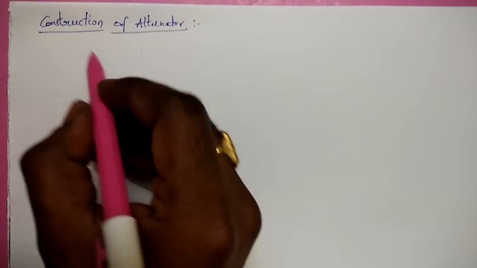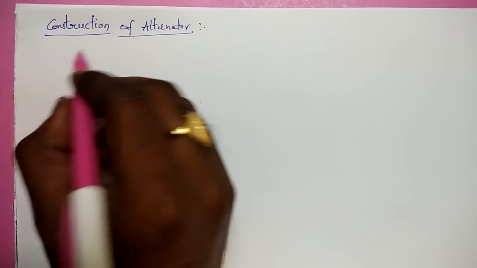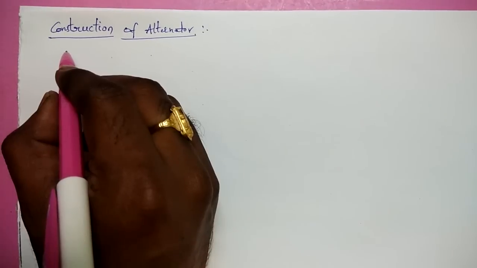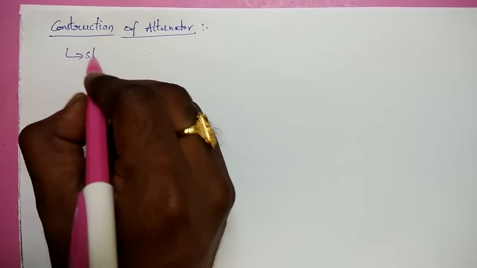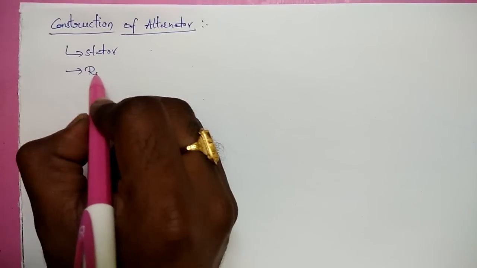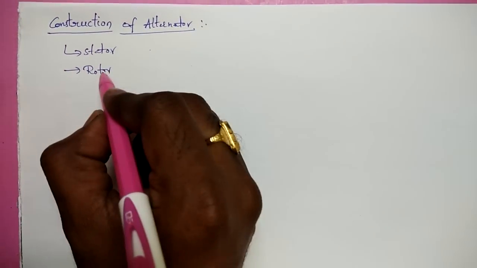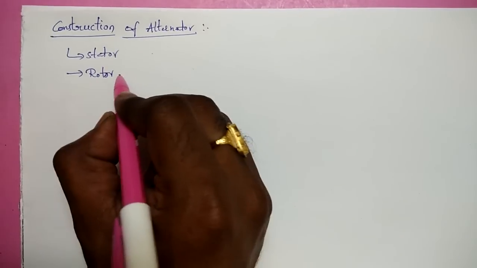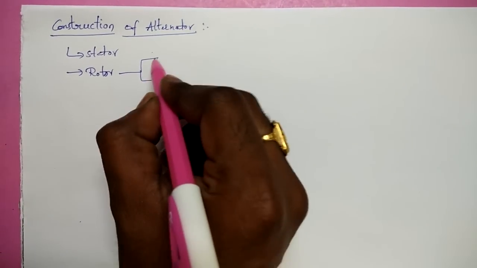Hi friends, today we will discuss the construction of an alternator. The construction of an alternator generally contains a stator and a rotor. The rotor is again of two types.